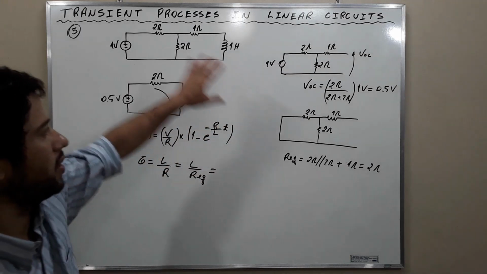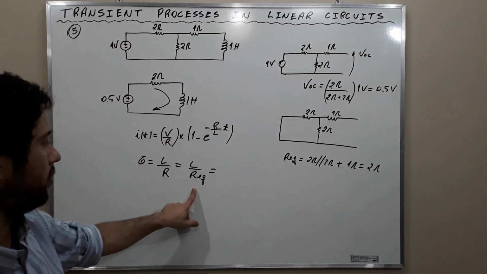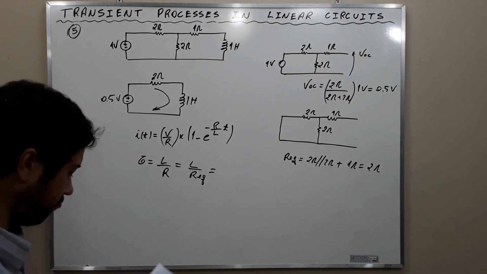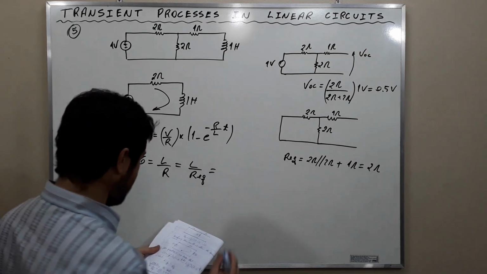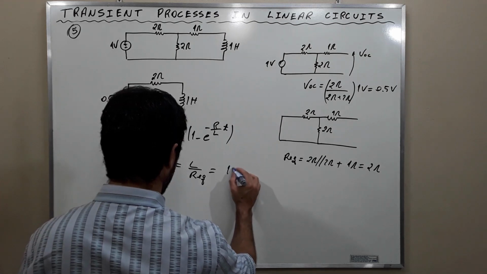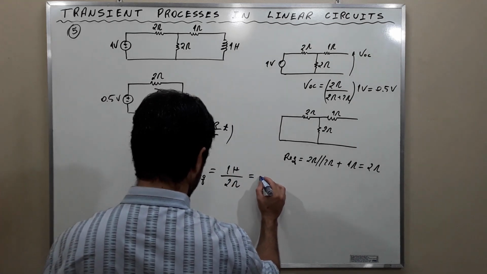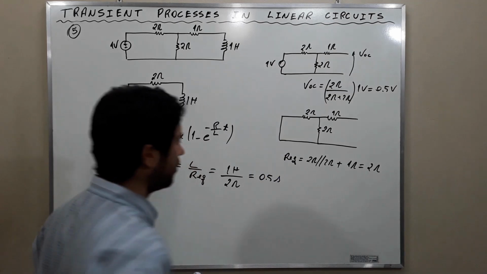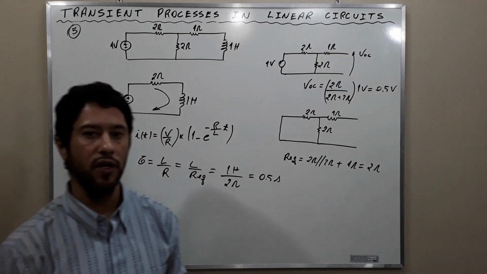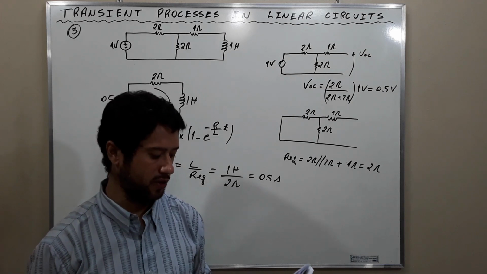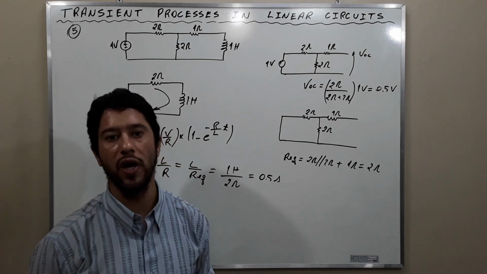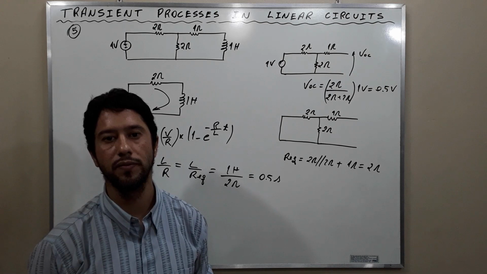If there are many resistances, you can simply jump to this conclusion here. And you're going to find that it is 1 Henry divided by 2 ohms, and this is 0.5 seconds. Okay, my friends, this is the solution of exercise 5. Let's go to exercise 6.